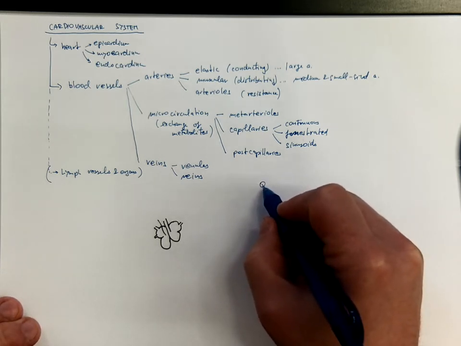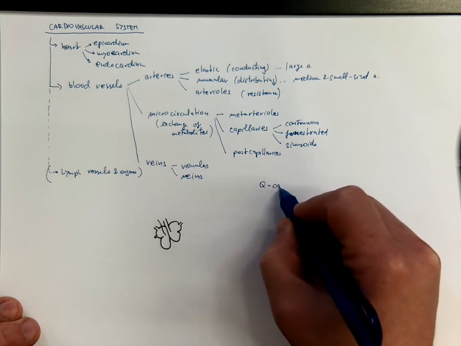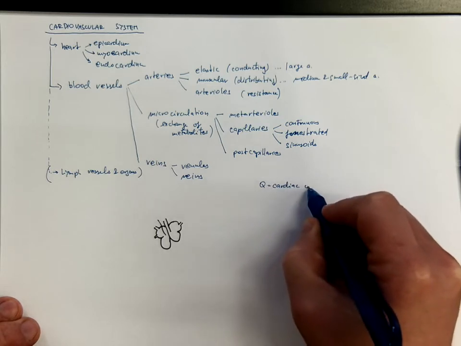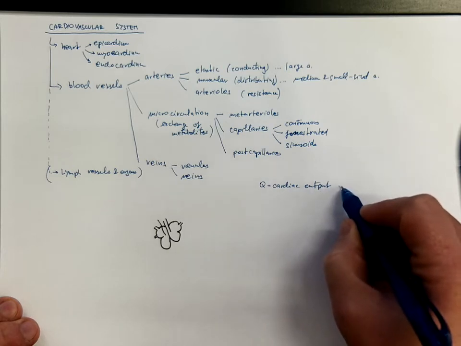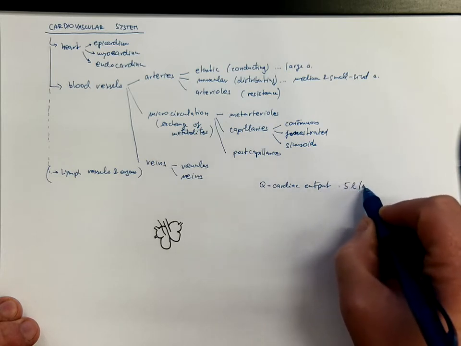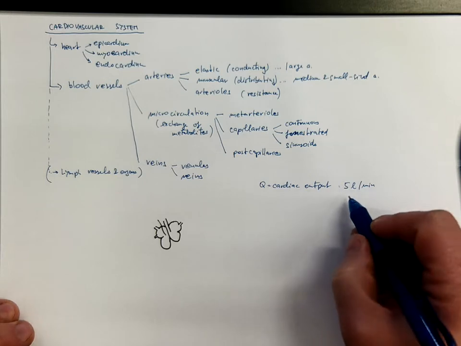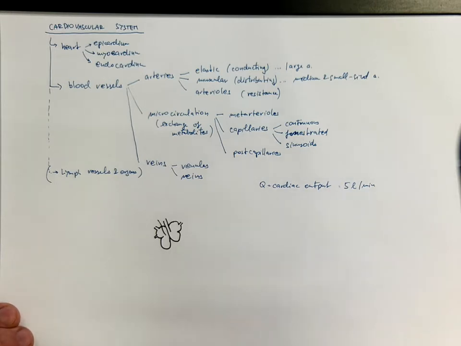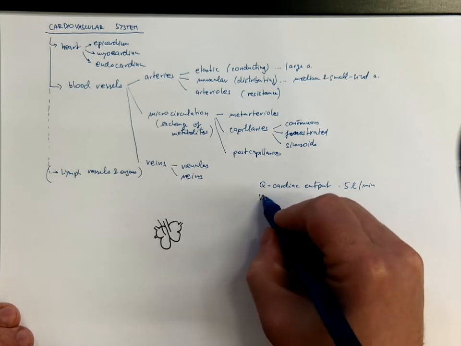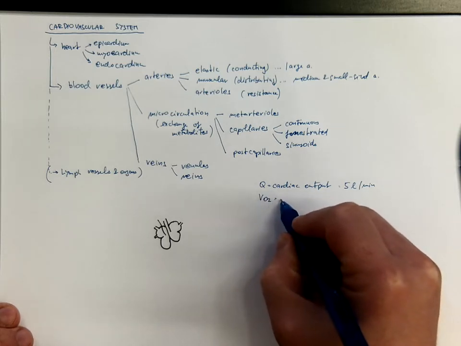So if the total cardiac output would be approximately 5 liters per minute in adult person, so the heart pumps 5 liters of blood every minute, and this would be the oxygen consumption.